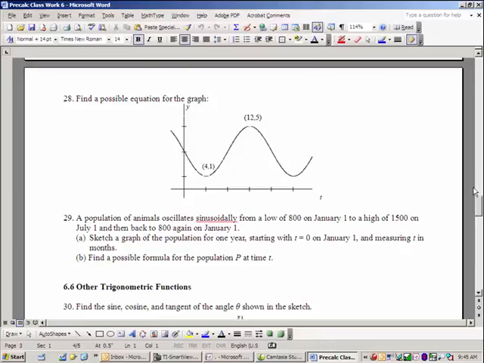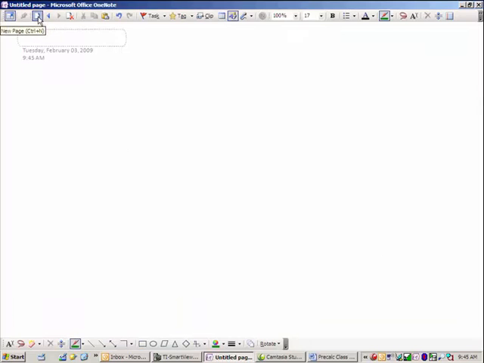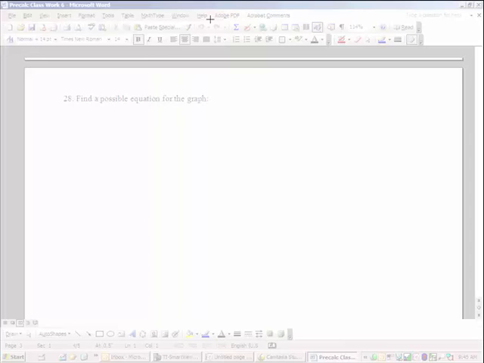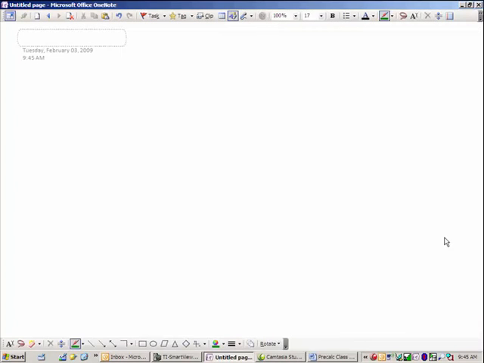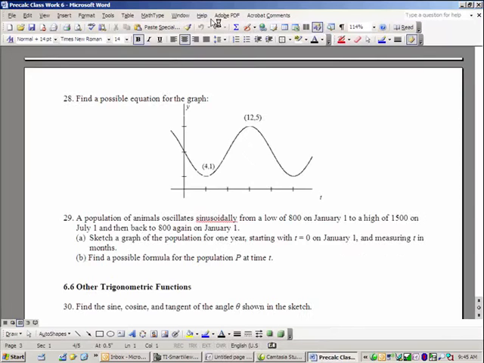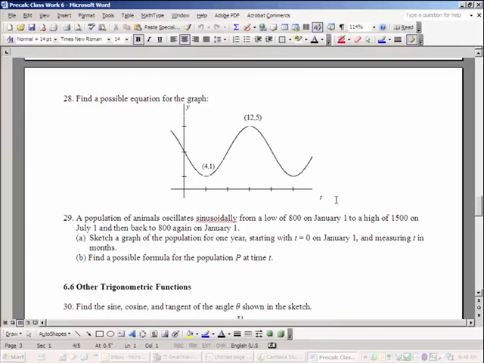All right, thank you. All right, let's try 28, which is a little harder. Oh, that didn't work. Try that one more time. All right, 28, find a possible equation for this graph.